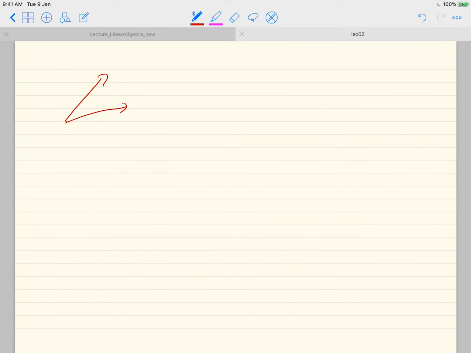Suppose you have a single point over here, and what is the orthogonal projection of this point onto the subspace spanned by these two vectors, which are not orthogonal to each other? They have some angle different from 90 degrees.